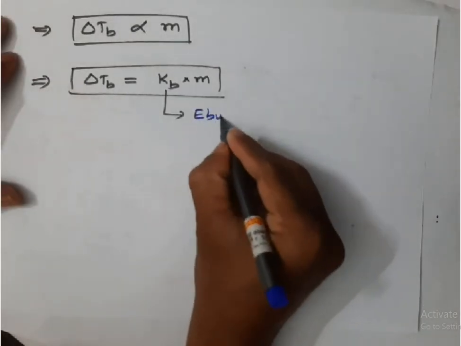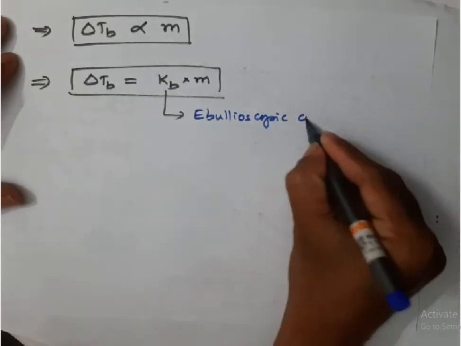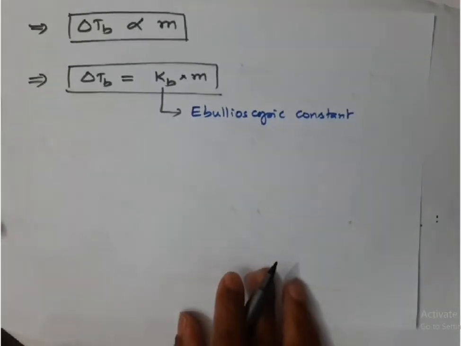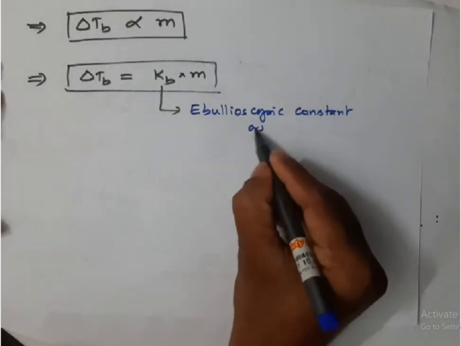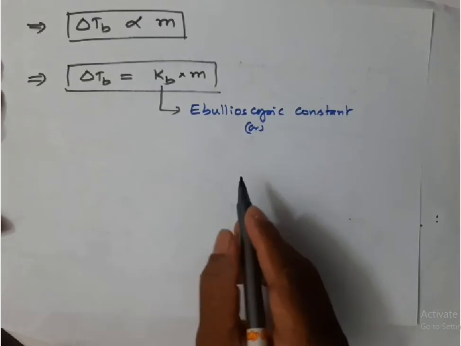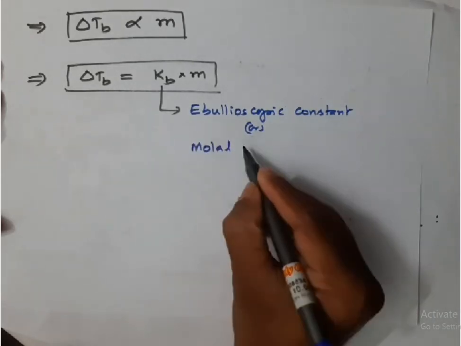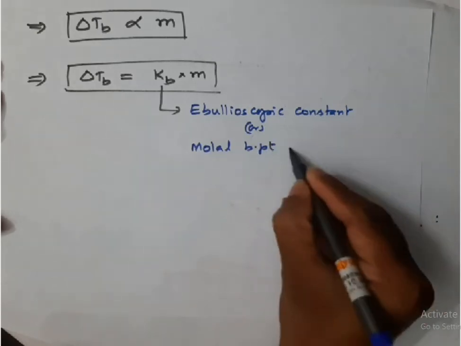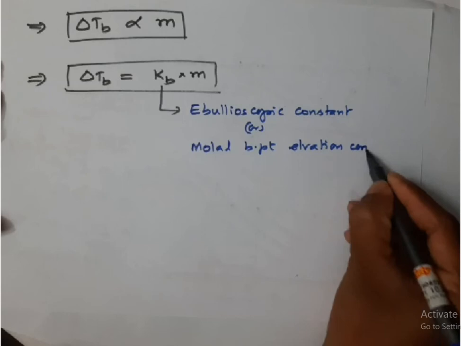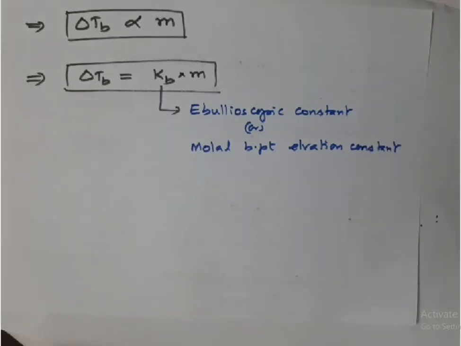Kb is called the Ebullioscopic Constant. You can also call this the molal boiling point elevation constant, right? It's also called the molal boiling point elevation constant.